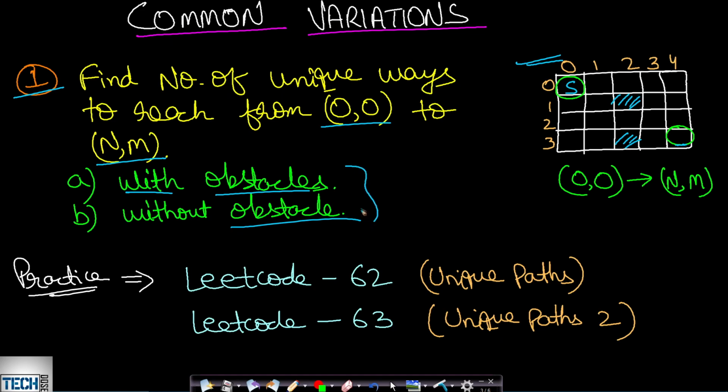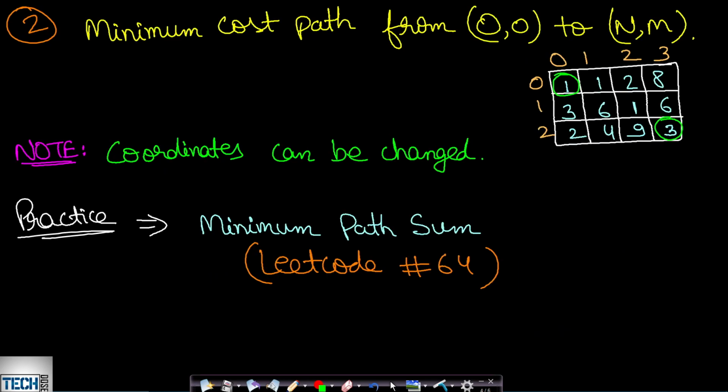So these are the two variations for this problem, and the practice problems you will find are LeetCode number 62 and 63, which are Unique Paths and Unique Paths 2. I think this will be without obstacle, and this will be with obstacle. Okay, now let's see the second type of variation.